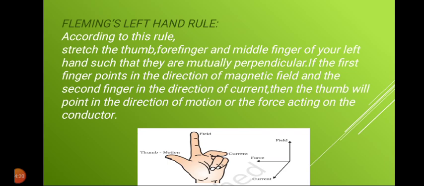When the first finger points in the direction of magnetic field and the second finger in the direction of current, then the thumb will give the direction of force, or will point in the direction of motion, or the force acting on the conductor. This is Fleming's left hand rule.